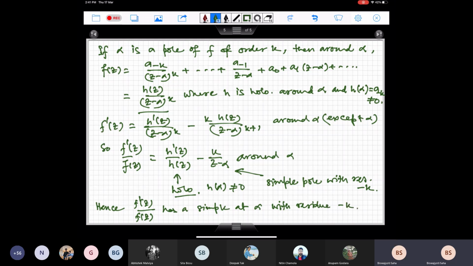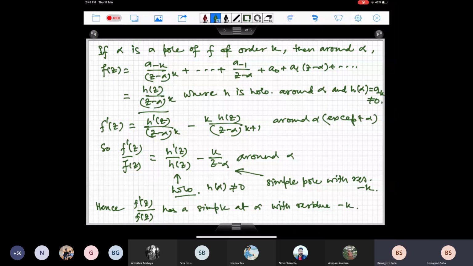So you see, it does not really matter whether you take a zero of f or a pole of f: f prime upon f is always going to have a simple pole at those points.